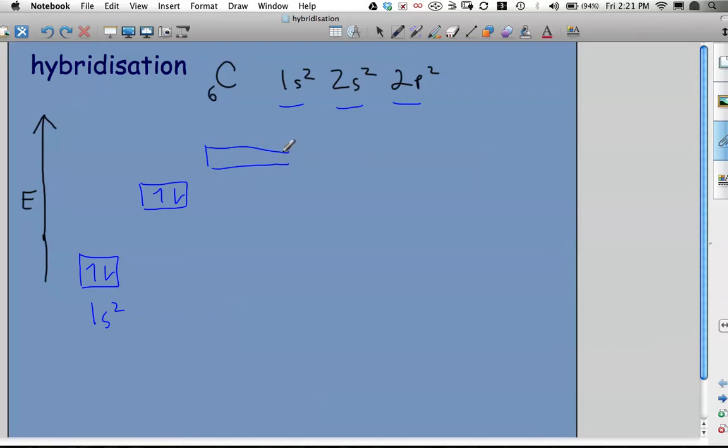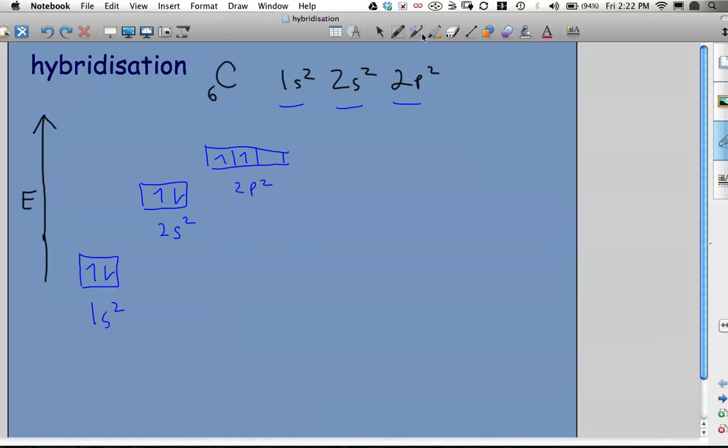Badly drawn, sorry about that. So this is 2s2, and this is your 2p2.